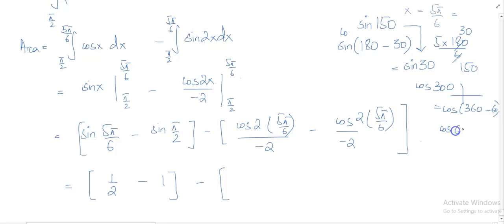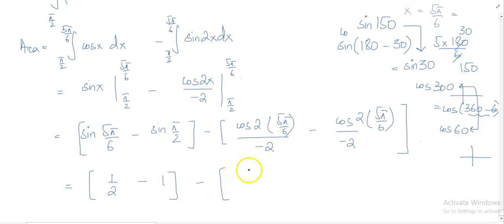This can be written as cos 60 degrees. Because 360 minus 60 lies in the fourth quadrant, is cosine positive or negative there? Cosine is positive in the fourth quadrant, so I'll take cos 60. This means cos 60 has the exact same value as cos 300.